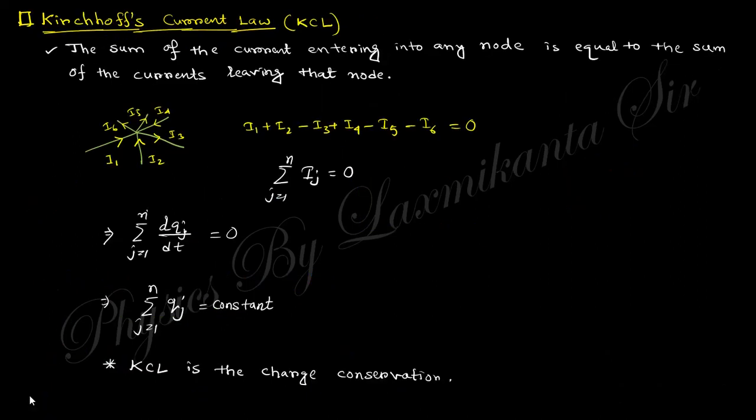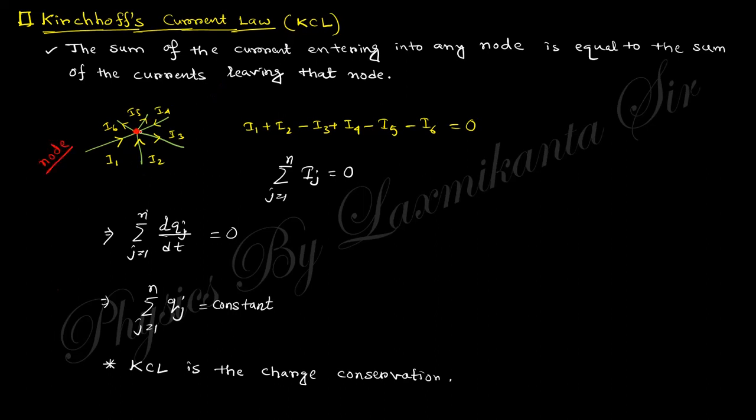Next is Kirchhoff's current law, KCL. This statement says that if you consider a junction within a linear circuit, meaning a circuit of voltage sources and resistors, this point is known as a node.